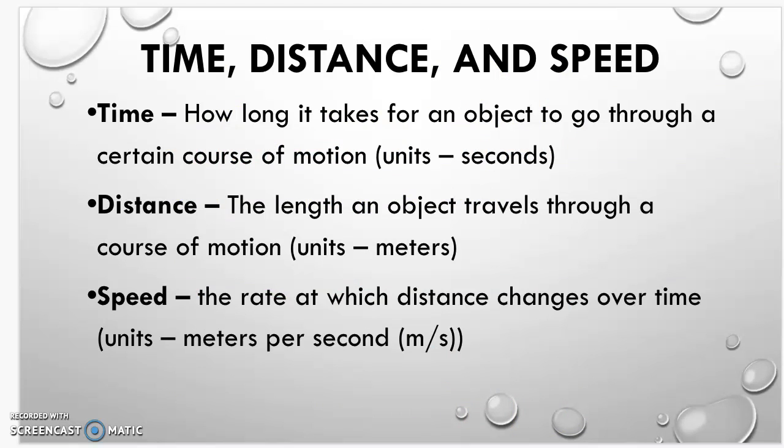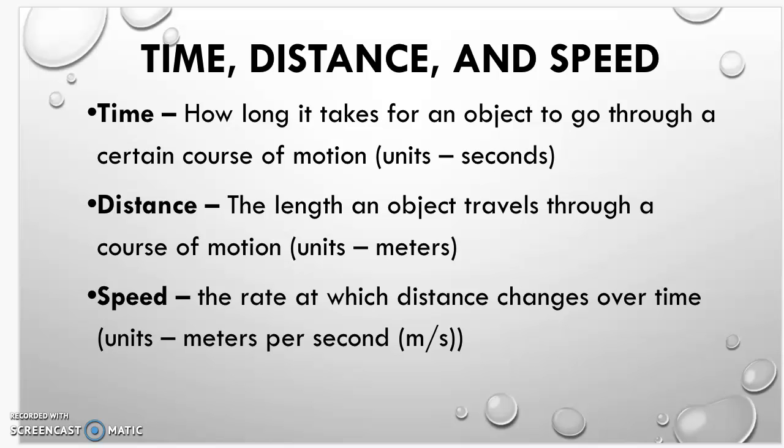We'll start in physics generally by analyzing scalars before we analyze vectors. It's just a little bit of an easier transition. And the first three that we'll use are time, distance, and speed. Time being defined as how long it takes an object to go through that course of motion, and the units that we're going to use there are seconds.